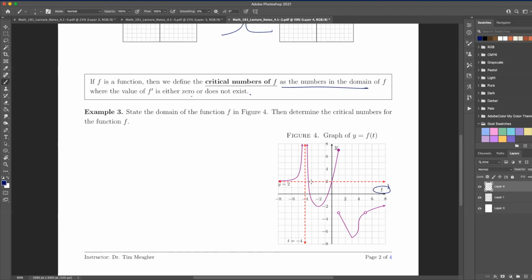So right here at 4, notice that our derivative doesn't exist, right? There is no derivative here. Because this is like an infinite, where the function goes up to infinity.